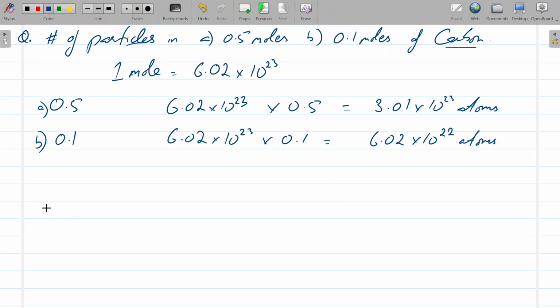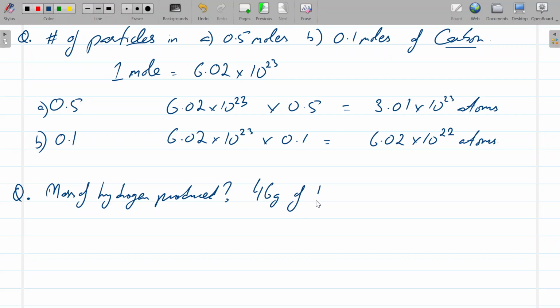Okay, another question. They're asking you, what is the mass of hydrogen produced? The situation is 46 grams of sodium was reacted with water.